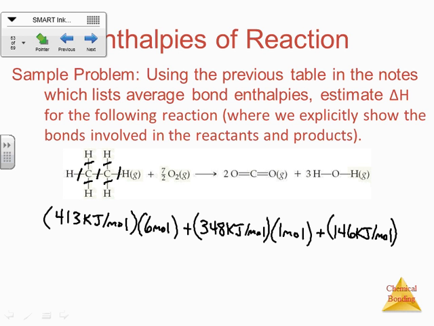How many moles of oxygen do we have in this equation? 7 halves. Okay. All right. So that's the reactant side, right? That's how much energy would need to be absorbed by this thing to break all the bonds on the reactant side. Okay?